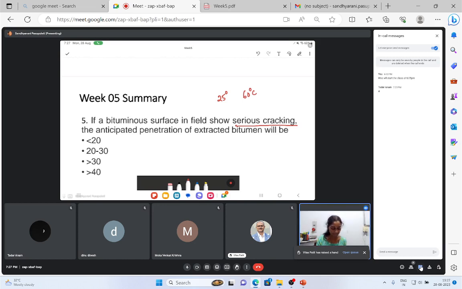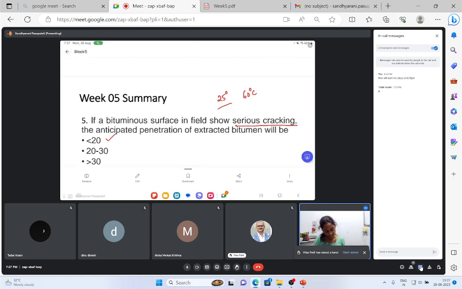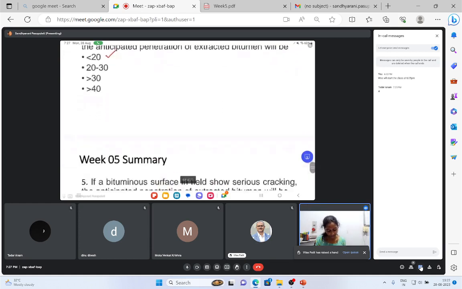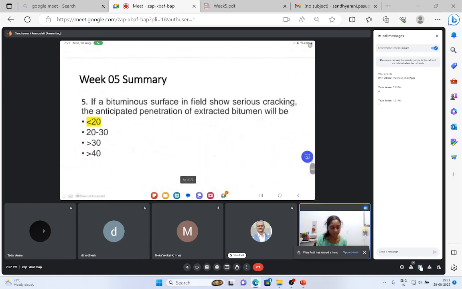We can avoid rutting there. But at intermediate temperatures like 25 degrees, if the bitumen is very stiff, there is a problem of bending, and thereby cracks can be formed. So if the penetration is less than 20, there is a probability of having serious cracking. Yes, correct.